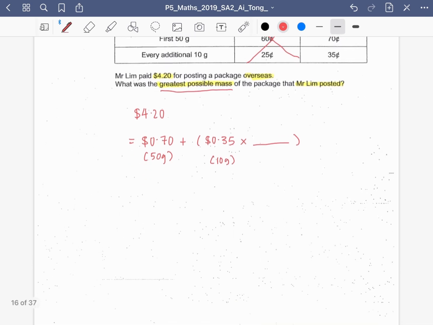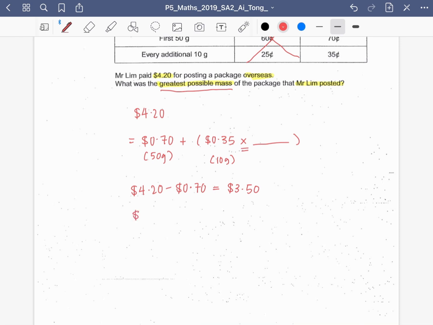So first, easy, minus off this 70 cents and we will get $3.50. Aha, $3.50. So this is times, we must do the opposite. $3.50 divide by 35 cents. Oh my god, it's the same. See, 35, 35.